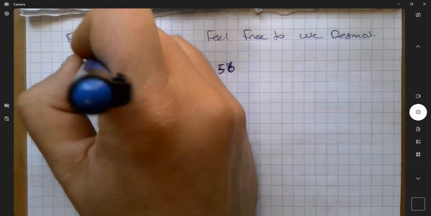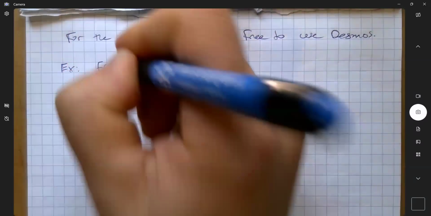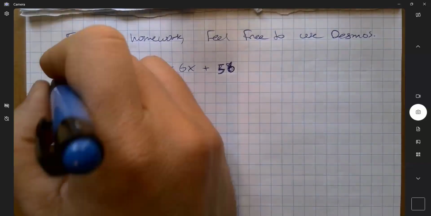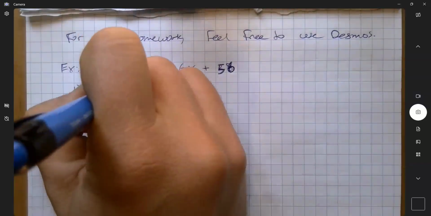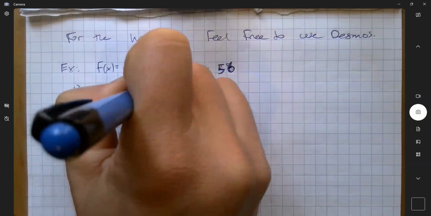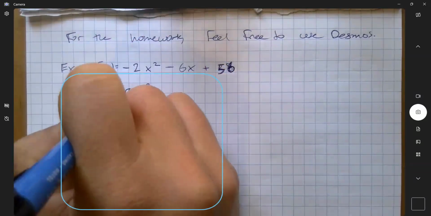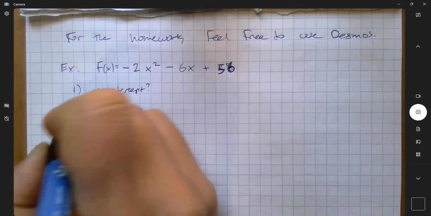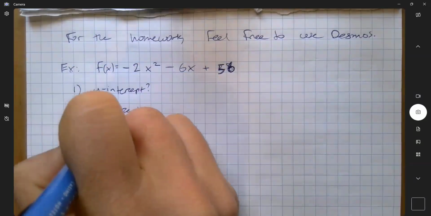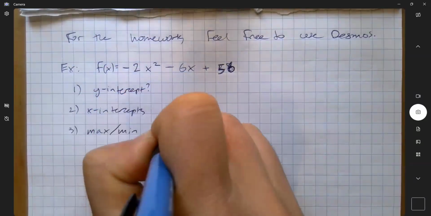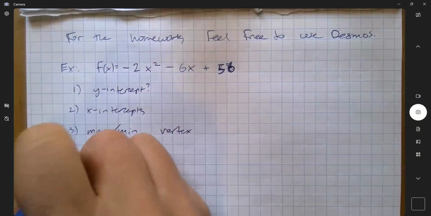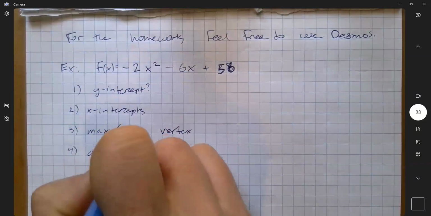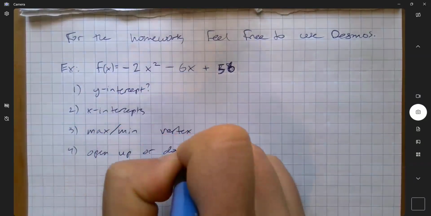And that's a function, so I'll say f of x. I'm going to ask you a series of questions. I'm going to ask you, what is the y-intercept? What are the x-intercepts? What's the max or min, i.e. the vertex? And does it open up or down?